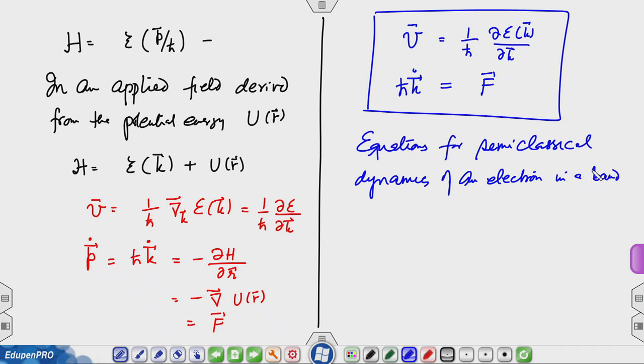The second equation, h cross k dot equals f, can also be obtained from energy considerations.